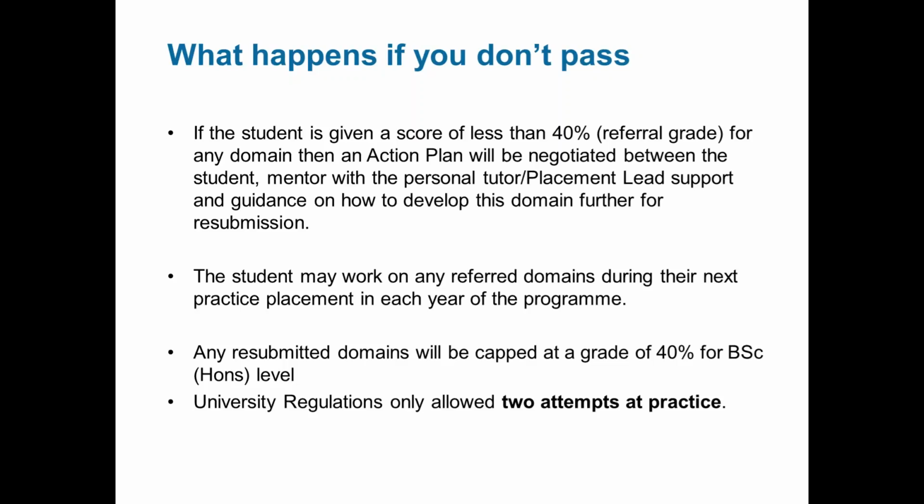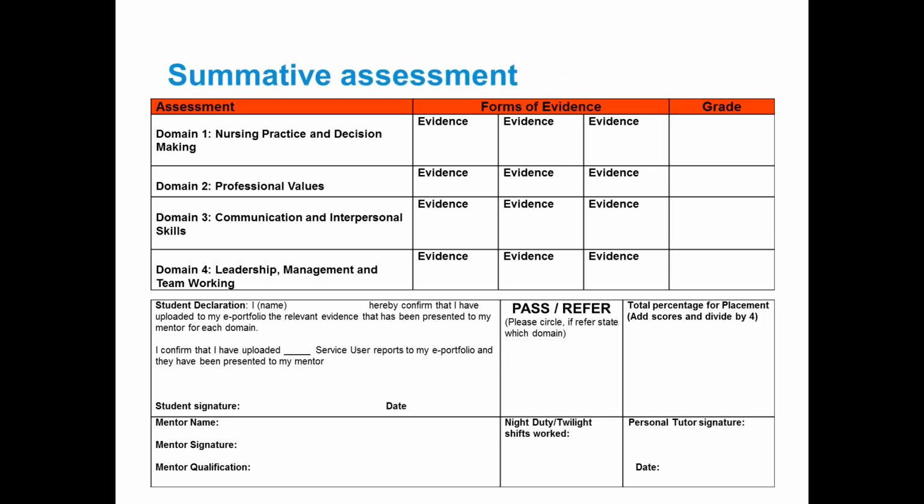When you resubmit, you will be capped at 40%, because you also need to know that you have only 2 attempts at practice. So if you don't succeed in the first placement, and you don't succeed in the second placement, then the exam board will consider discontinuing you from the course.